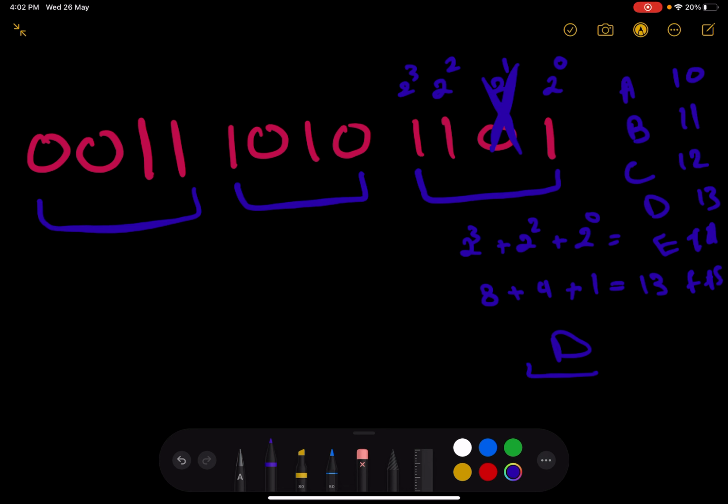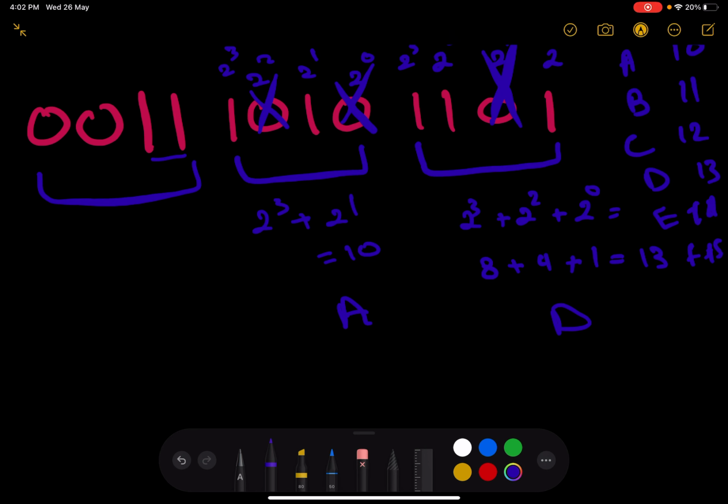So here, for the least significant digit, we have D. And then for this one it will be 2 to the power 0, 2 to the power 1, 2 to the power 2, and 2 to the power 3. Just ignore any with zeros, so this one will be ignored and this one will be ignored. 2 to the power 3 plus 2 to the power 1 will give us 10. This one is equivalent to A in hexadecimal.